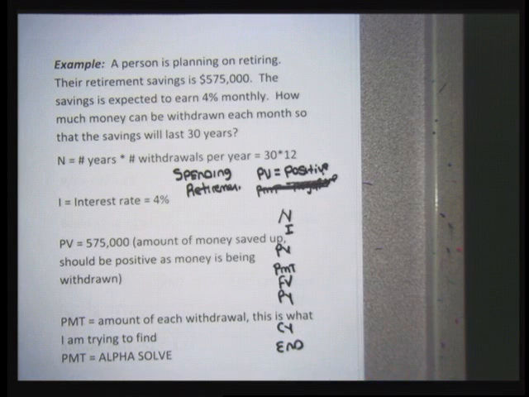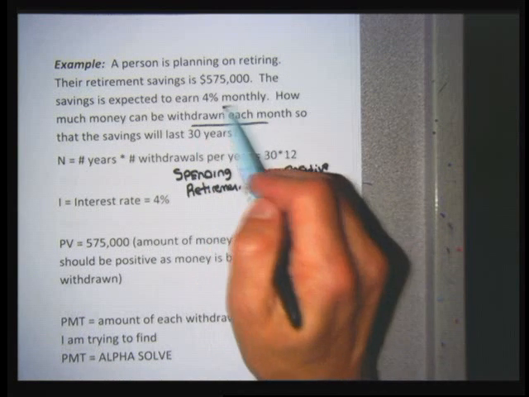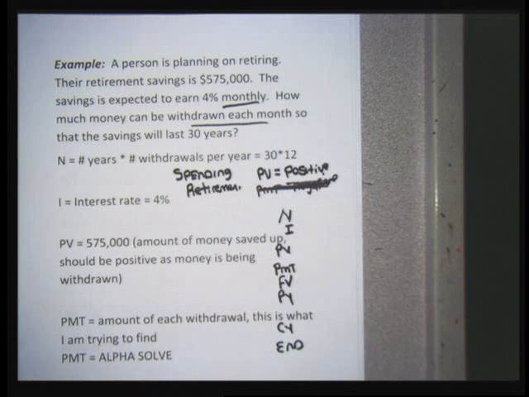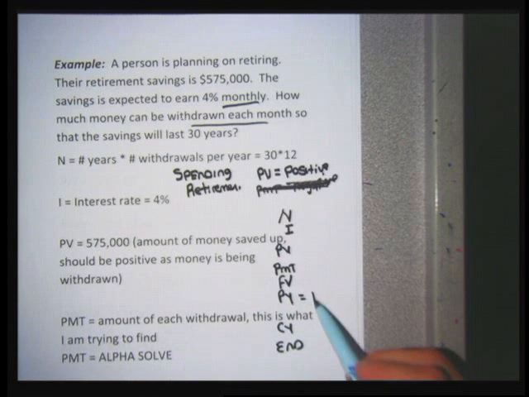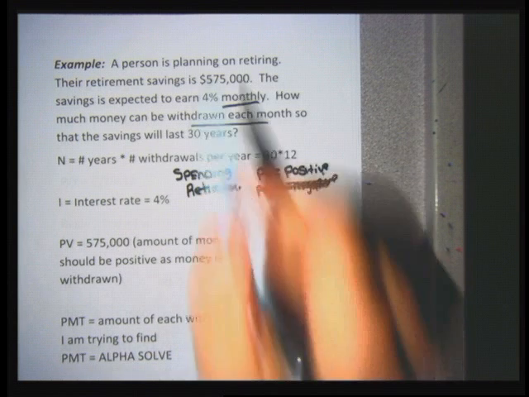So in this problem, they're going to make monthly withdrawals, and when you make one withdrawal per month, the PY and the CY are 12. So that's the first thing I try to nail. Then I go through the problem.